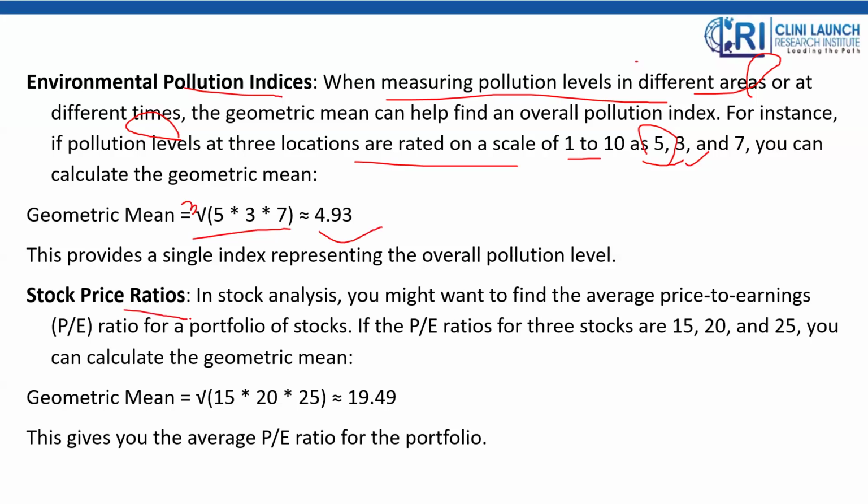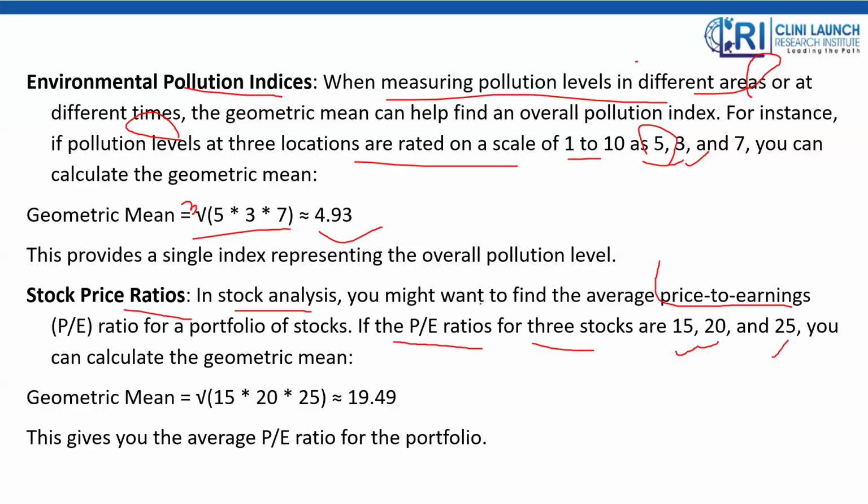Similarly, stock price ratios. In stock analysis, you want to know the average price to earnings: how much price you have invested and what your earnings ratio were. Suppose the price-to-earnings ratios for three stocks are 15, 20, and 25.